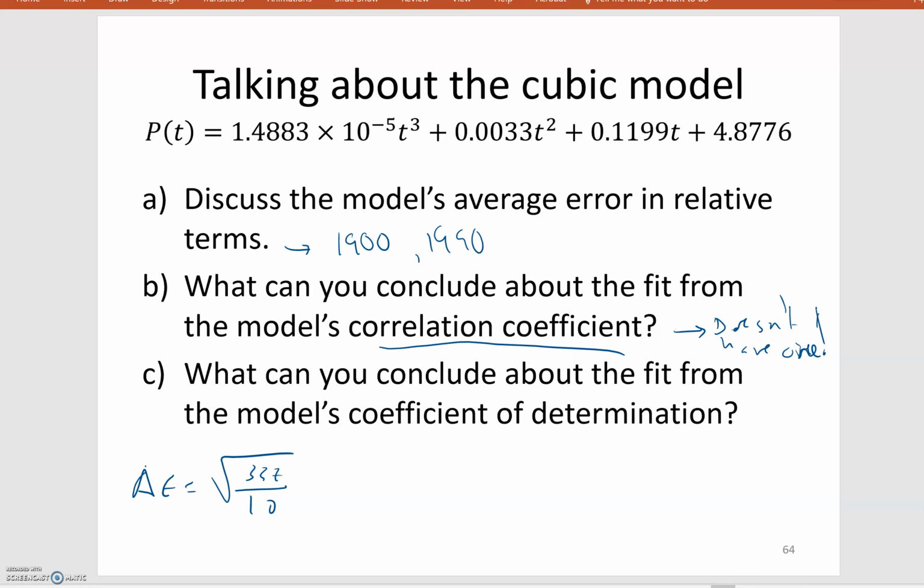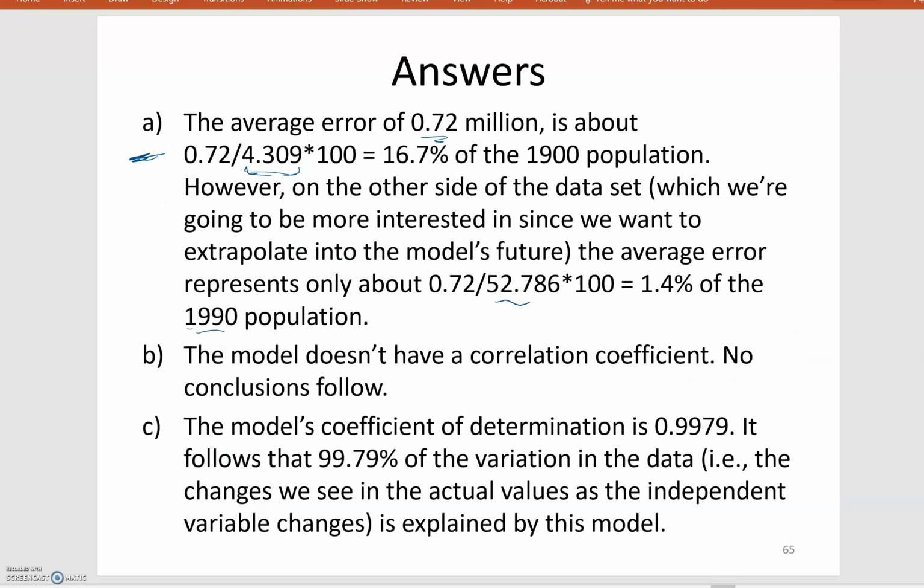What can you conclude about the fit from the model's coefficient of determination? Okay, the coefficient of determination was found to be 0.9979. Remember, that was r squared. Now, if we convert this to percent form, we get 99.79%.